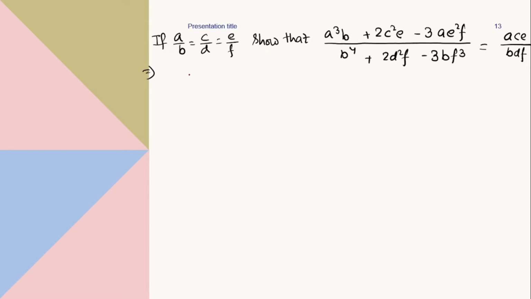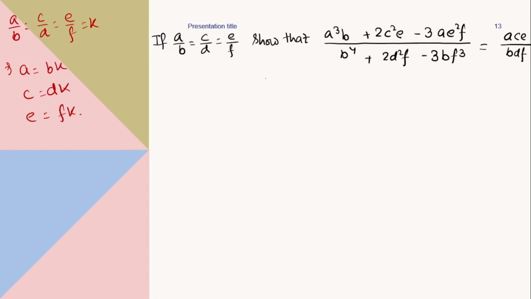You can see that A by B equals C by D equals E by F. I can assume this equals K. Then you can write A equals BK, C equals DK, and E equals FK. Okay, I have found this.